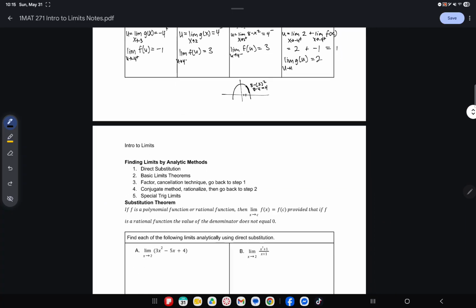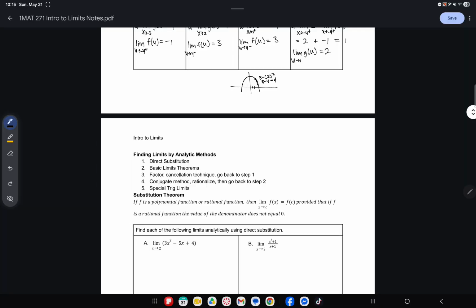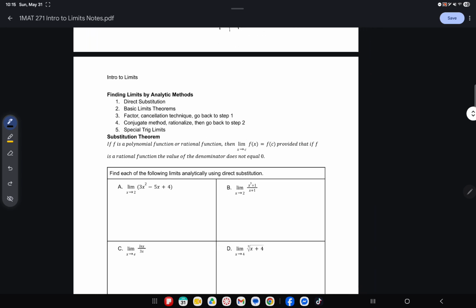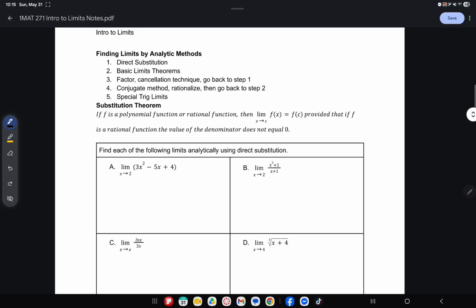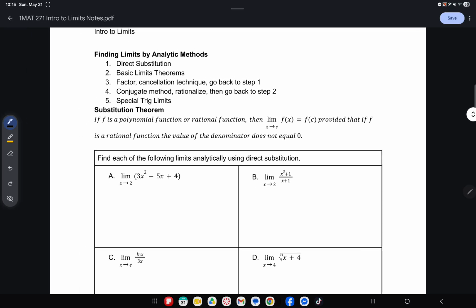All right. So we've done it with graphs. We've done it with being given the limit of a function. Now we're going to do it given the actual equation. This is called doing it analytically. So we can do direct substitution, where we directly substitute the value in for all the x values.